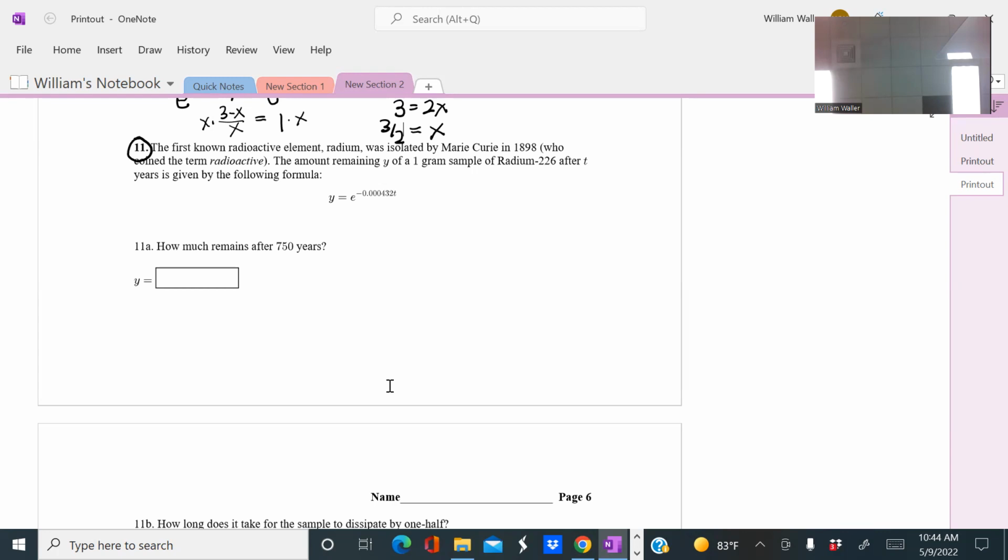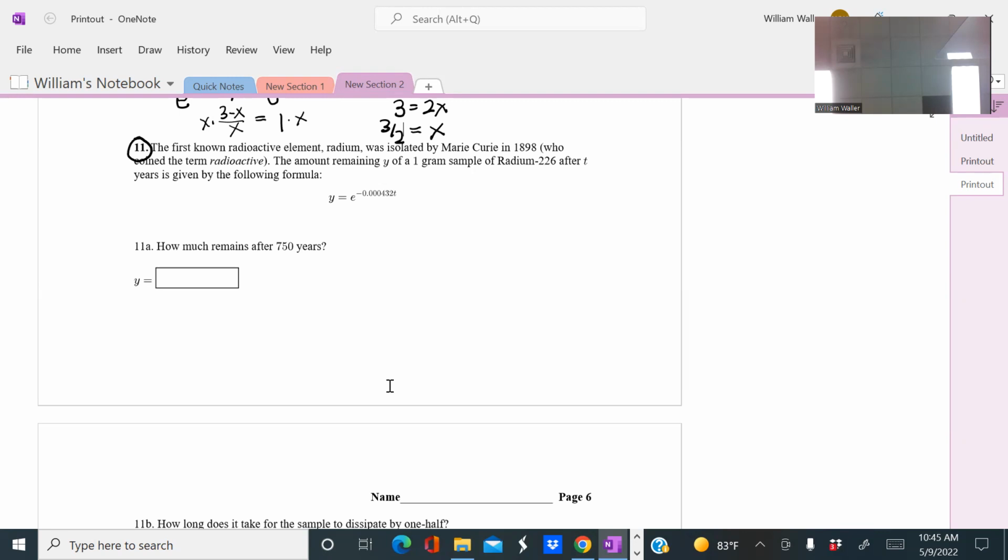The subatomic particles are dissipating in the atoms of radium, and that's why radium is dangerous to you, because those subatomic particles next to that radium for a length of time will interact with genes, and they will make you sick, cause you to develop cancer, which is exactly what happened to Marie Curie. But what we want to know is how much remains after 750 years.